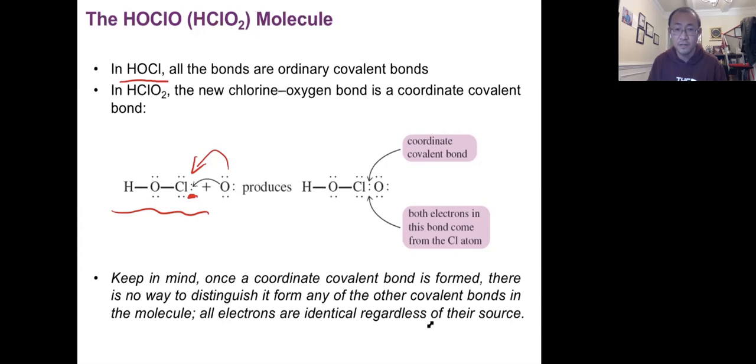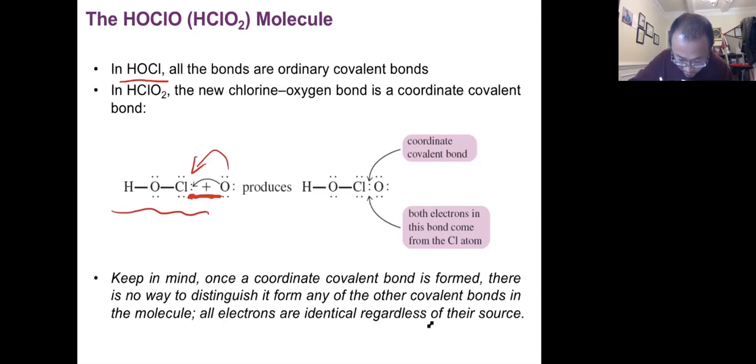If you take a look, the oxygen has 6. It cannot give anybody anything to share. Oxygen needs 2 more, so the oxygen cannot provide the electrons. But the chlorine has lone pairs that are not used for bonding yet. So chlorine and the oxygen can make a new bond, using the electrons from the chlorine himself.